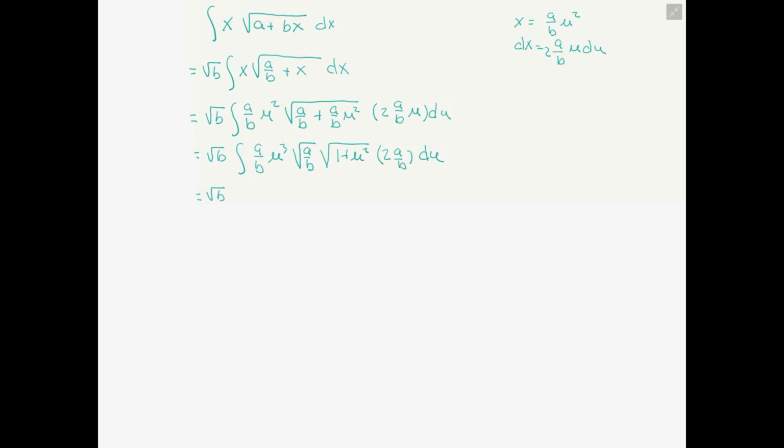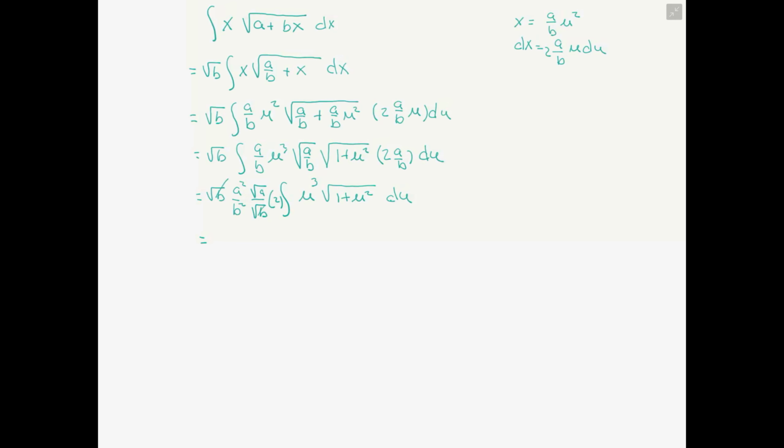Let's do a little bit more. We've got square root of b, a squared, b squared, square root of a over the square root of b, and all these u's, u cubed, 1 plus u squared du. Oh, and there's a 2 here. So let's put the 2 out here. Now let's get rid of all of that mess.